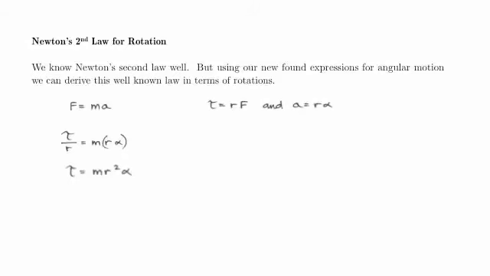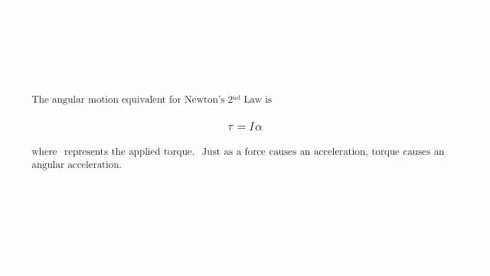But m r squared, if you'll remember, was the general definition of the moment of inertia. So we can rewrite Newton's second law as torque equals I alpha. The net torque that is acting is equal to the moment of inertia times the angular acceleration that is applied. And there it is in print. Just as force causes an acceleration, torque causes an angular acceleration.